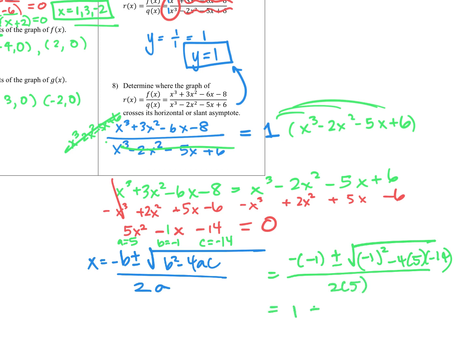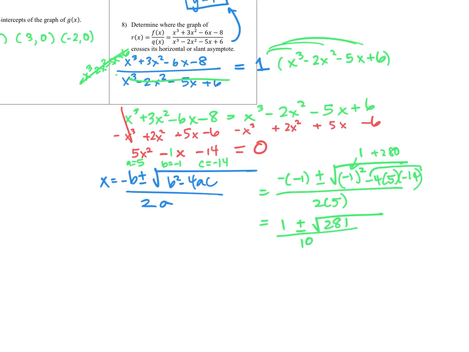So we get 1 plus or minus the square root. Well, we'll square the 1 over here, and then we're going to multiply these together, which will be a positive 280. So we'll get the square root of 281 over 10. Now, if you punch this in your calculator, there's 2 answers.